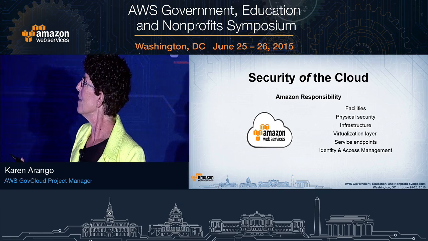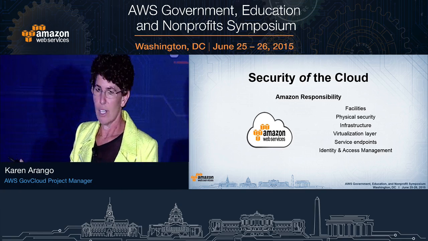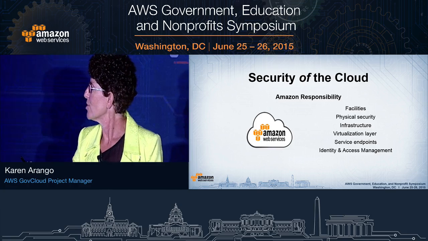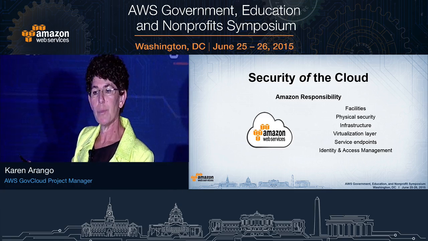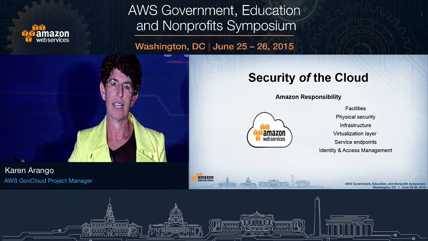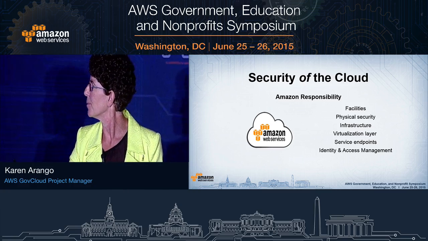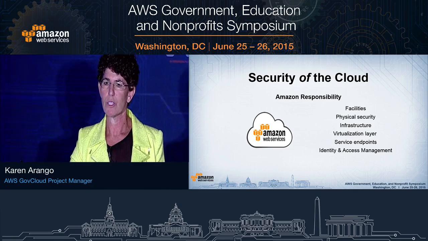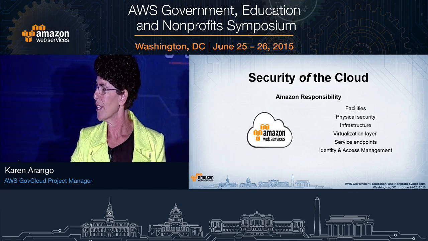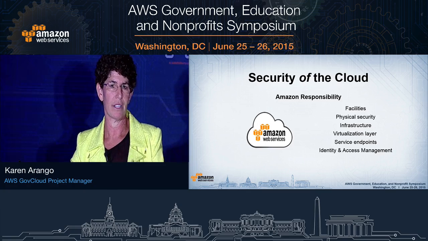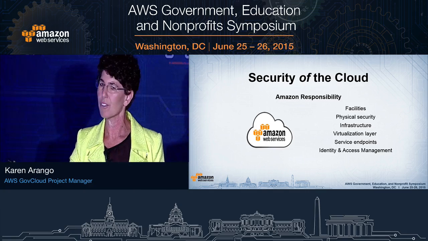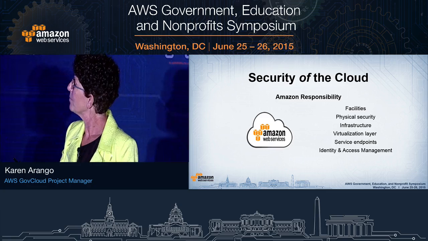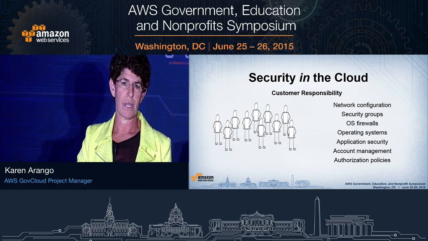So facilities, physical security, our infrastructure, our virtualization layer, our endpoints, and we provide identity and access management for you. So we vet our employees, we make sure that they're US persons. They go through a vetting process and multiple layers in order to make sure that they're allowed access to the GovCloud region.